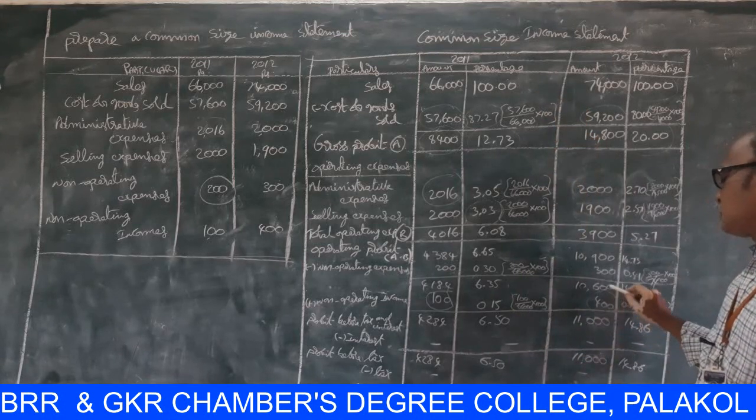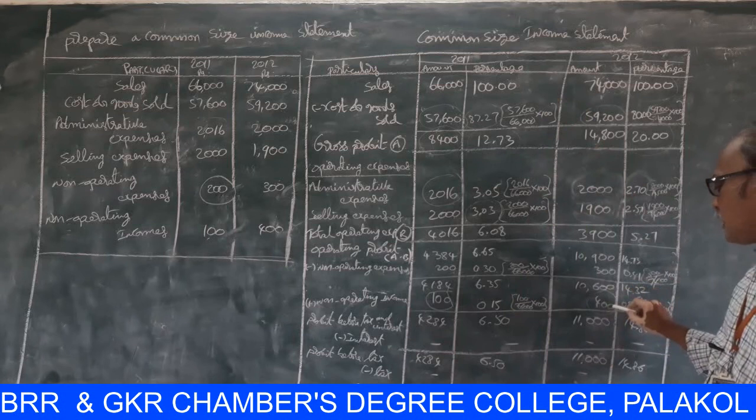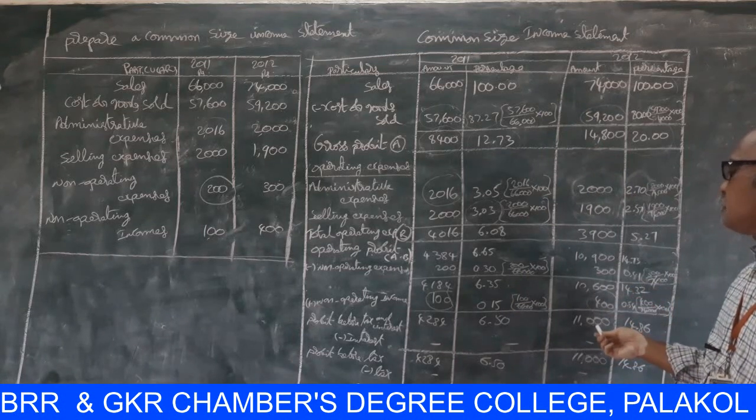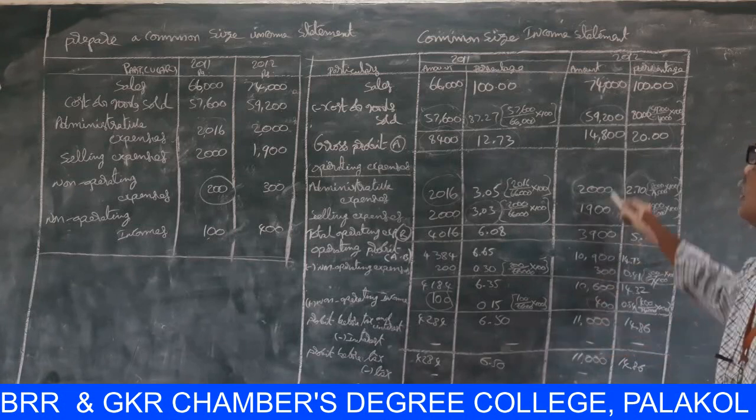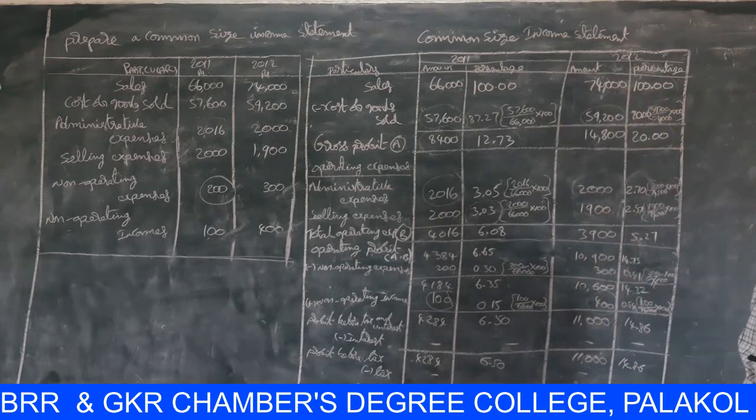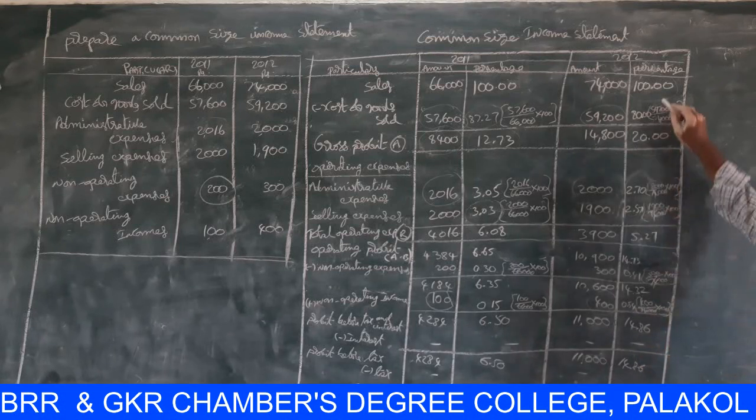Next one, 10,600 plus 400, 11,000 is to be treated as profit before tax and interest in the year 2012. Next one, 14.32 plus 0.54, 14.86, the percentage of profit before tax and interest in the year 2012.